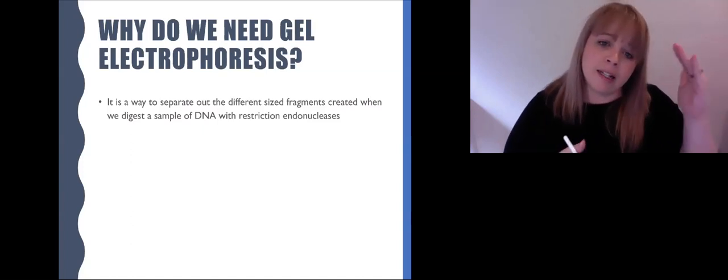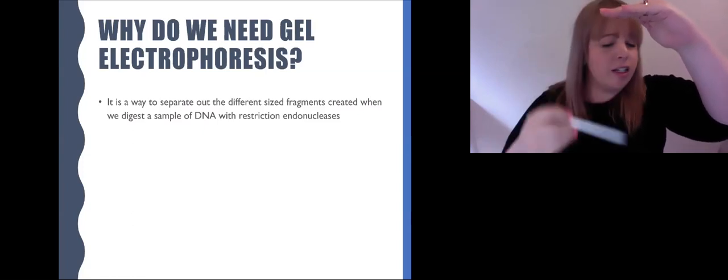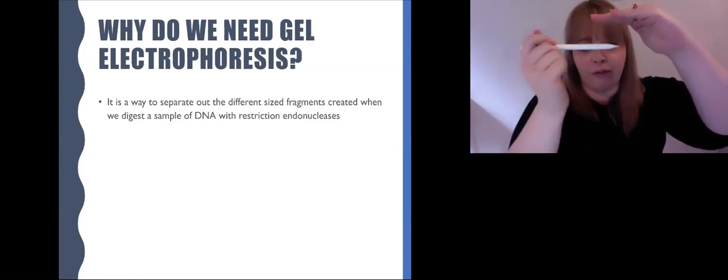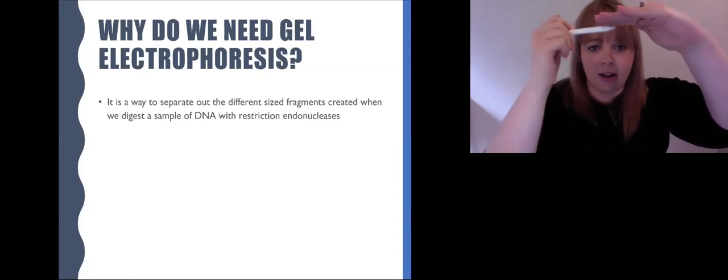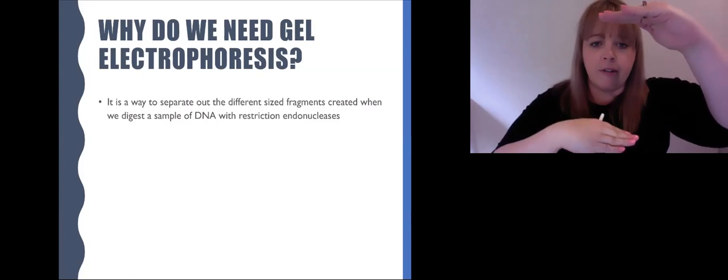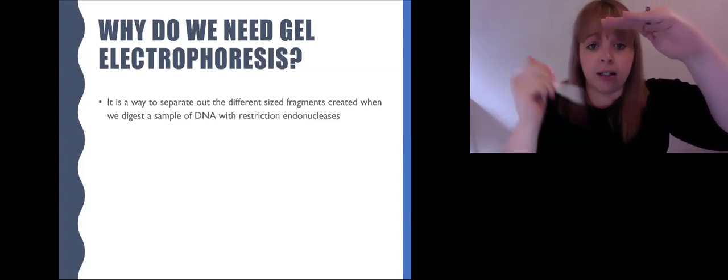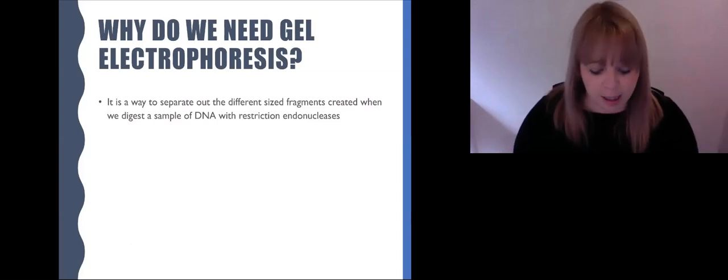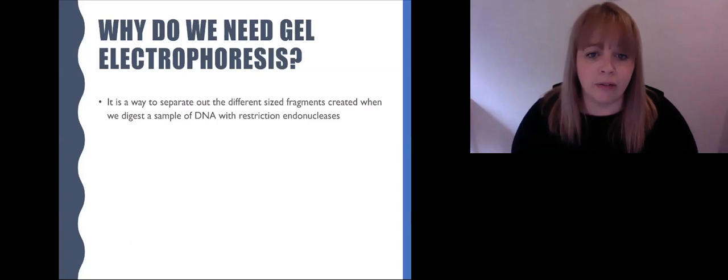There are some other reasons. If you have a particular section of DNA and you cut it with restriction enzymes, every different piece of DNA will cut at different places. So if you have a length this long, you might cut it here and you get 2 fragments. Say you have a length this long from a different person, maybe the restriction enzyme is going to cut it twice and you'll end up with 3 fragments. So what we need it for is to separate out different fragments.